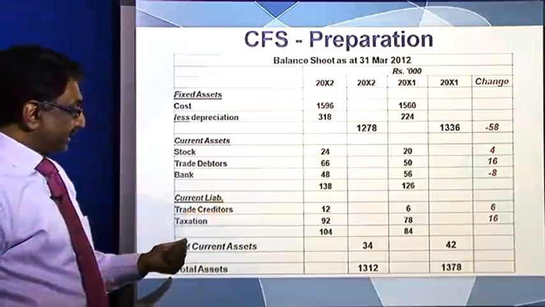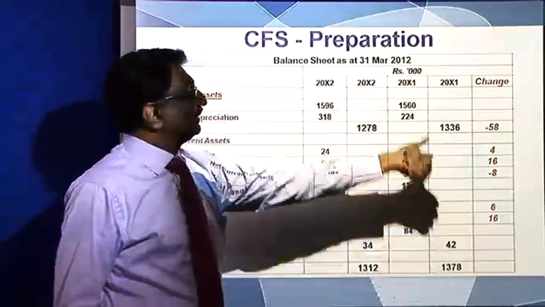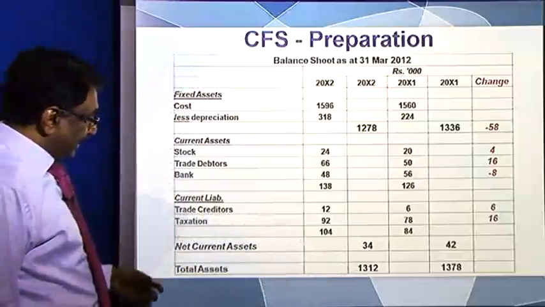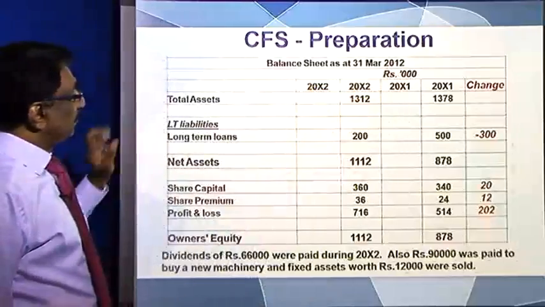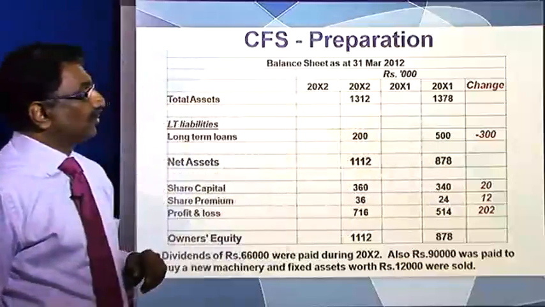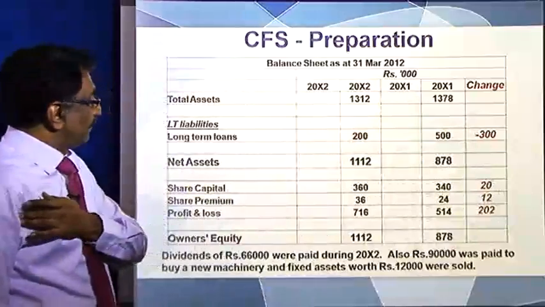So, net current assets therefore has a change, and the total assets, which were 1378 at the end of X1, is now 1312. We carry forward this just to keep the number here, and then we look at what happened to the liability. The loan amount changed from 500 to 200, meaning there was a payment of 300, and therefore it was a use of fund.